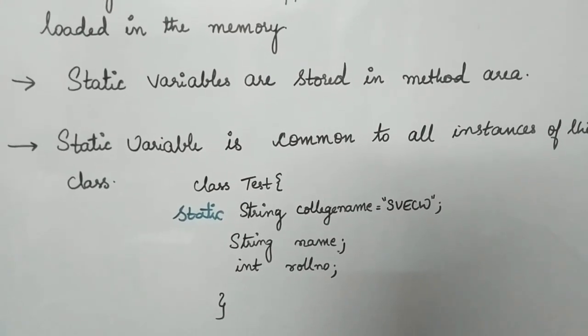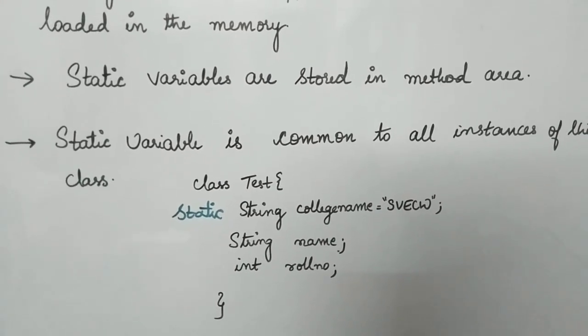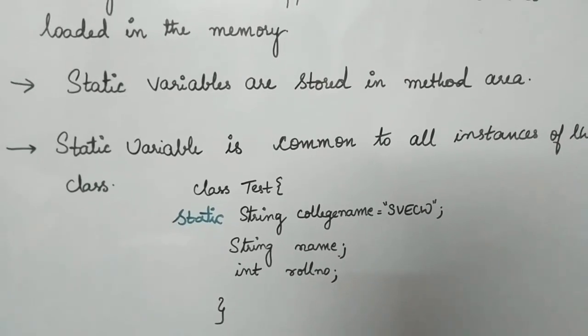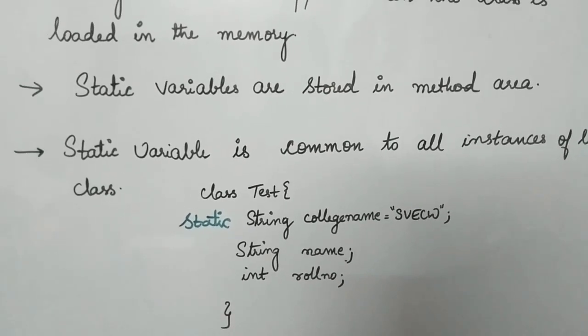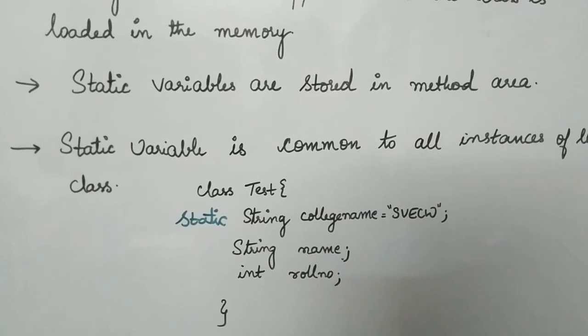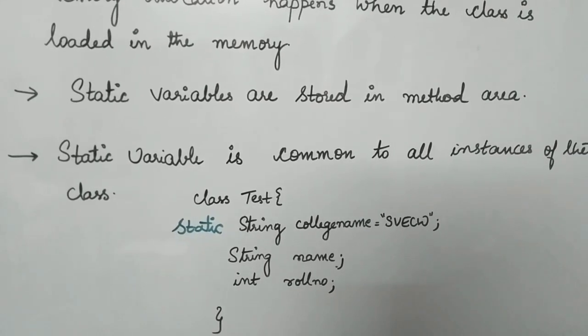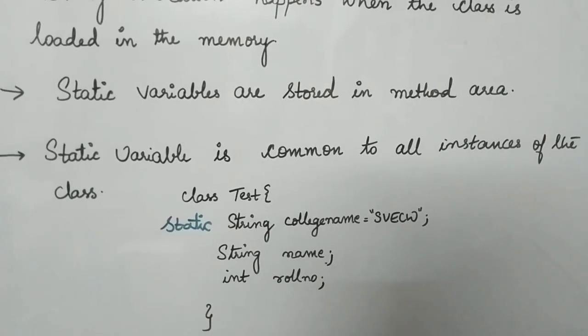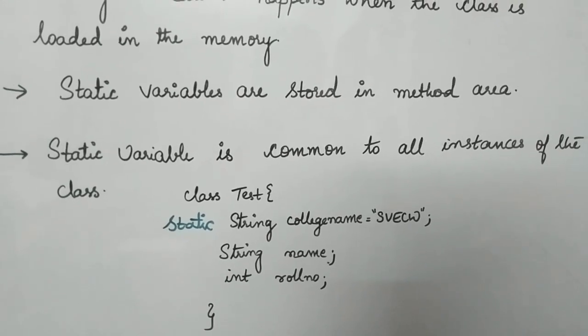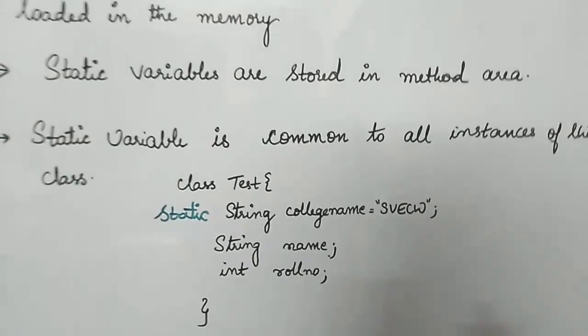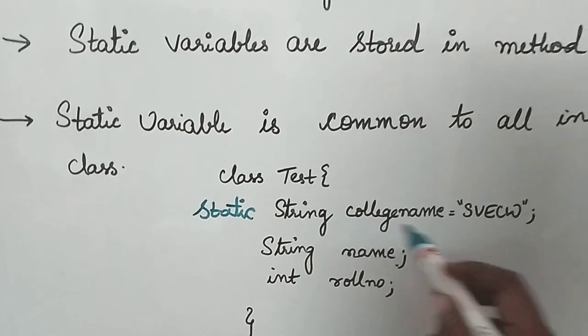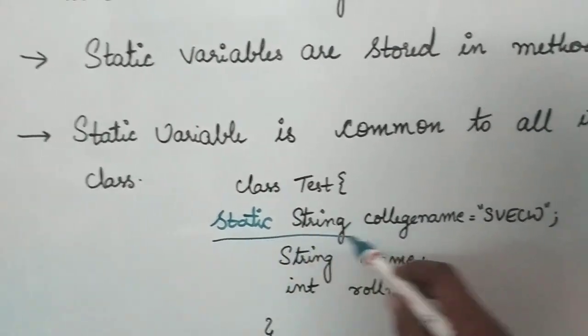Each and every student will have his or her own name and roll number specified to them. But the college name for all the students will be the same. So when a variable is common to all the instances of the class, in those cases you will be making that variable static. In this case, college name will be a static member of the class.